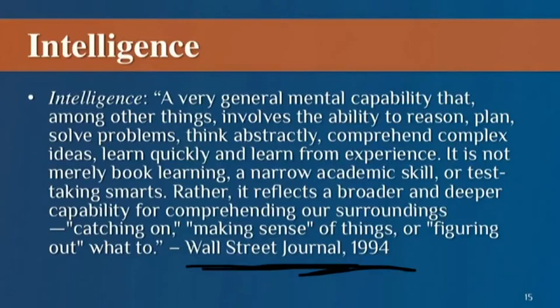It is not merely book learning, a narrow academic skill, or test-taking smarts. Rather, it reflects a broader and deeper capability for comprehending our surroundings. It's catching on, it's making sense of things or figuring out what to do.